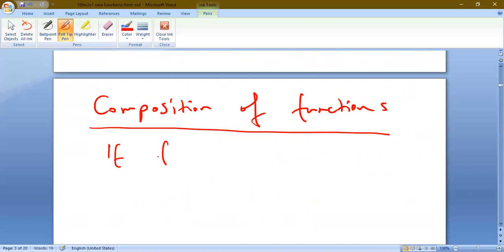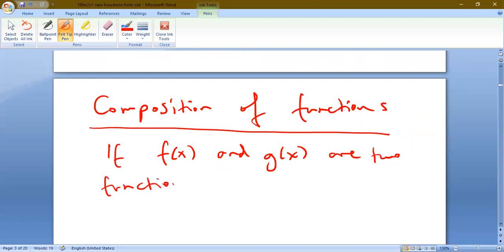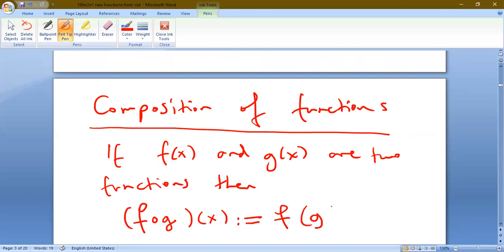If f of x and g of x are two functions, then composition of them is defined this way. F composition G, this odd-looking operator means composition. It's defined as f of g of x.